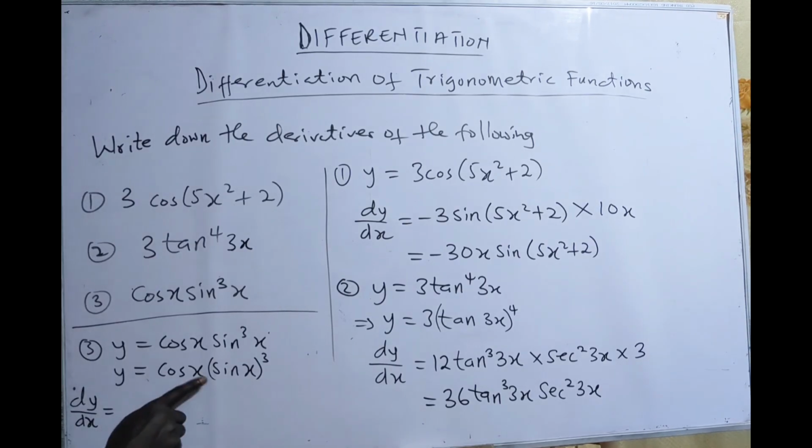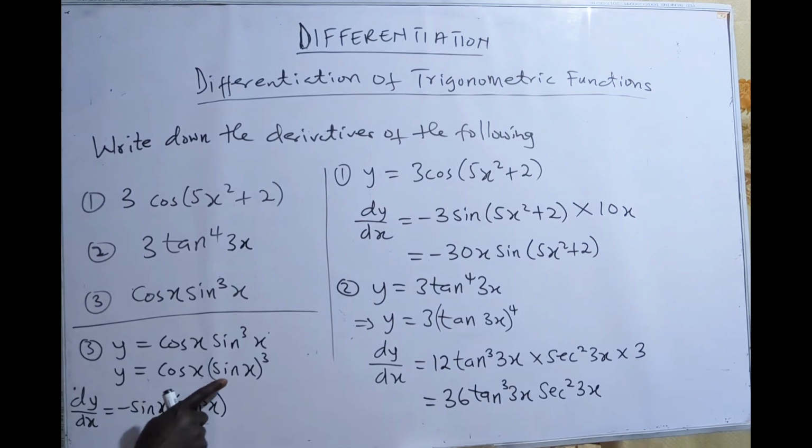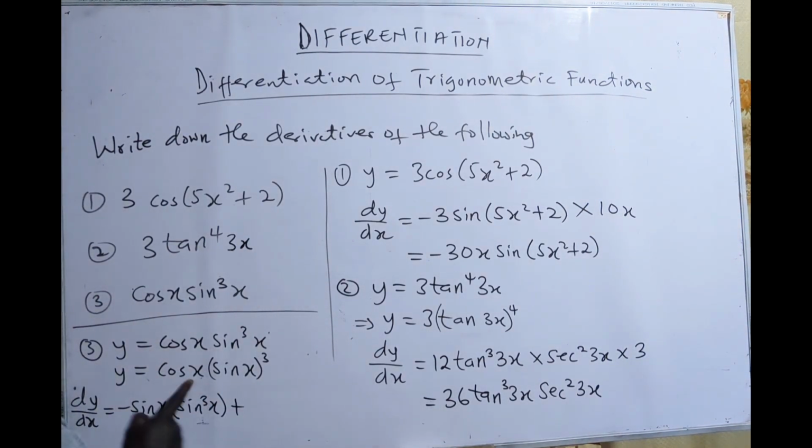That is simple. So when I differentiate cos, differentiation of cos is what? Minus sine x. Then I multiply by sine cube of x. Plus, I differentiate this and multiply by this. So when you differentiate cos, it will give you minus sine x, then you multiply by this, plus. Then I'm going to differentiate this and also multiply by this.